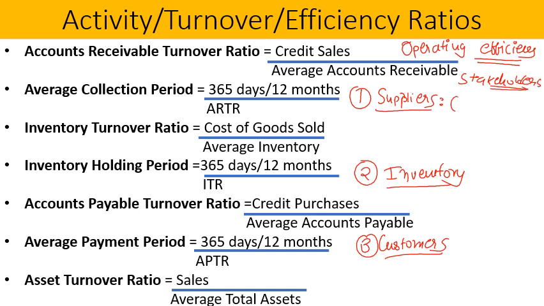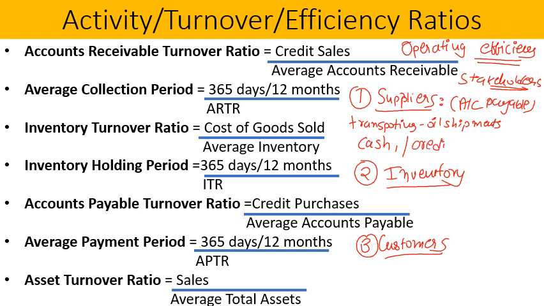So suppliers are linked through accounts payable. Now let's consider an example of Reliance. Reliance is transporting all its shipments, and while paying those contractors, whether it uses cash instantly or is paying its suppliers on credit.